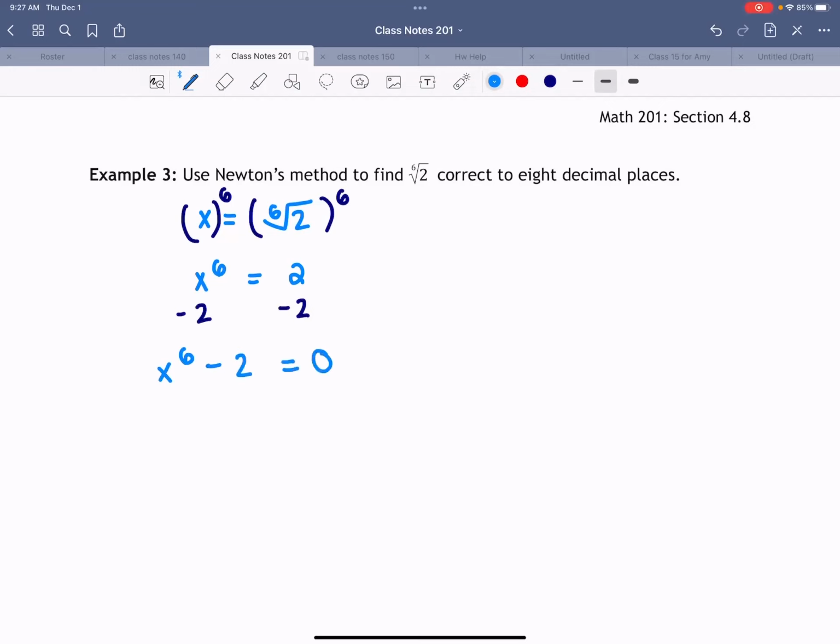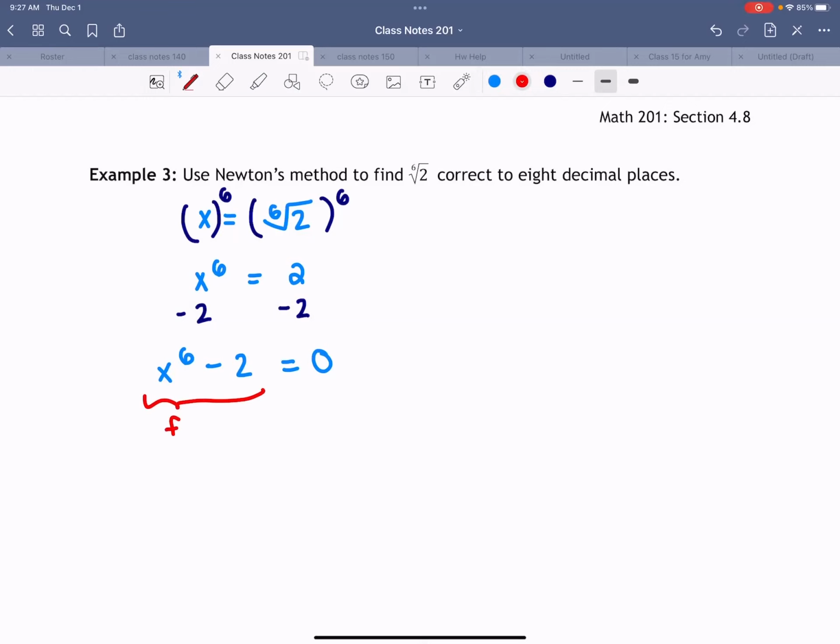So what I've done is take this situation, where I want to find what equals the 6th root of 2, and turn it into an equation equaling 0. This is something that Newton's method can answer, right? I can find the 0 of this function. So my f here is really x to the 6 minus 2, okay?